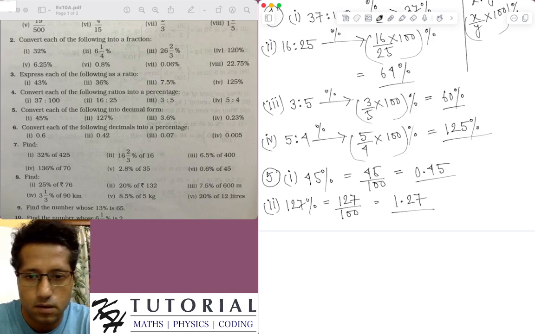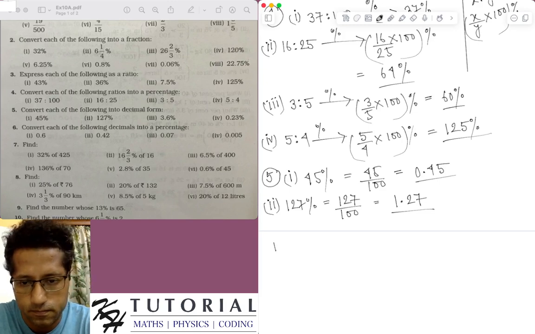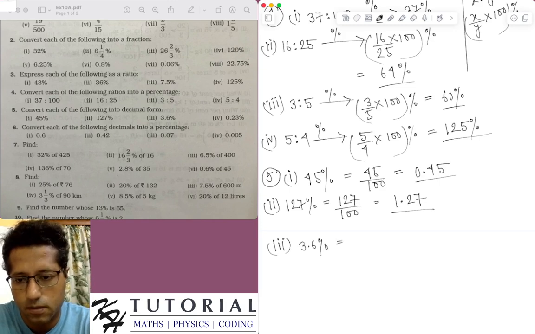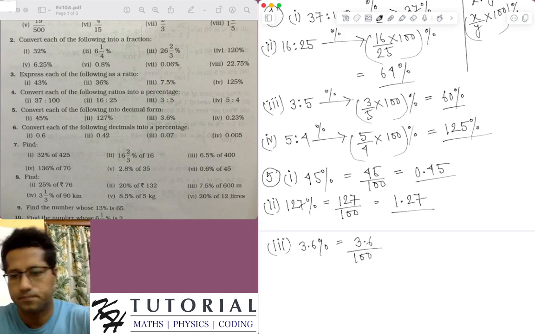Let's do part 3. It says 3.6 percentage is equal to 3.6 divided by 100 in fraction.